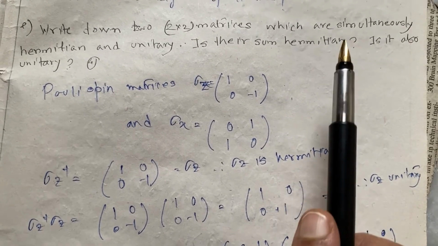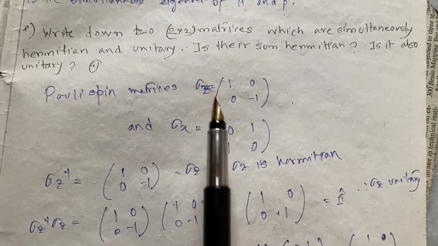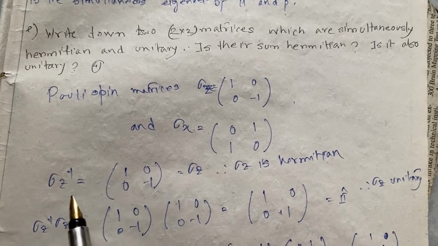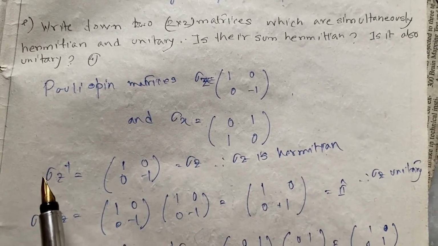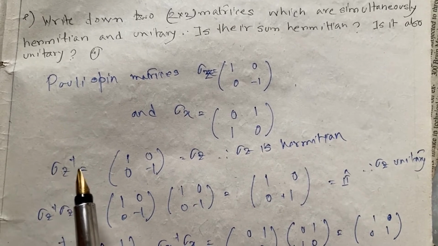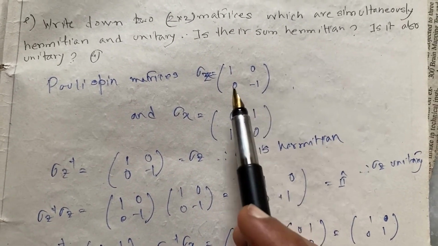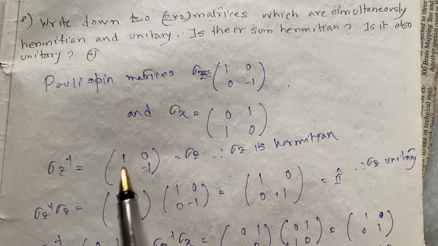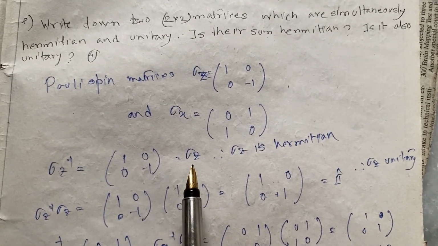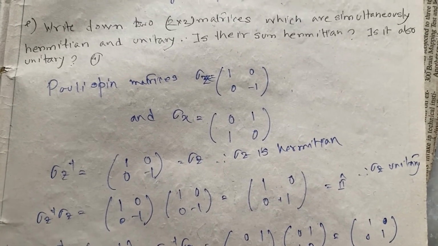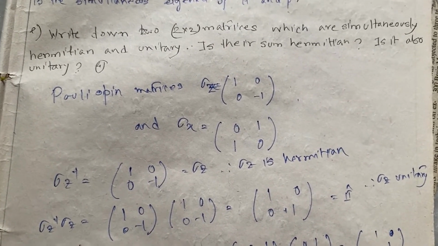So if we need to show that sigma z is Hermitian, we need to show that sigma z dagger equals sigma z, which I have shown already. Because taking sigma z dagger is basically making this row into column and this row into column, and so this is what we get as sigma z. So sigma z is Hermitian.